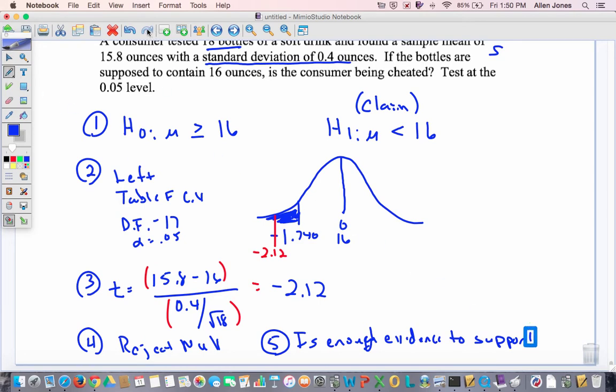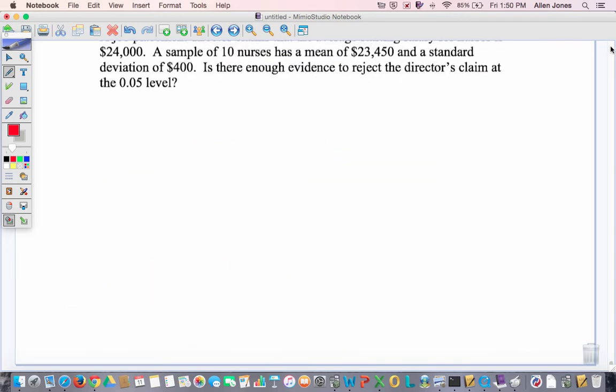So in other words, the researcher did enough research to verify that his claim, the consumer is being cheated, is correct based on that statistical information. Okay, so again, we'll make this point here as we continue to move forward. Each section we go through, we have a little bit of a change in steps 2 and 3, a different table to use, a different method to use, a different test score calculation, but ultimately it comes down to the same type of criteria as we move through here.